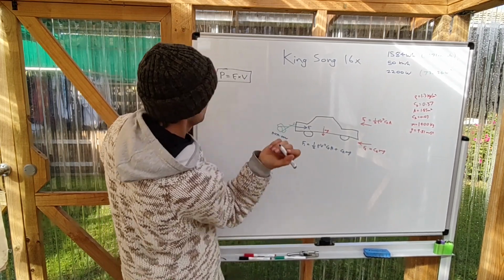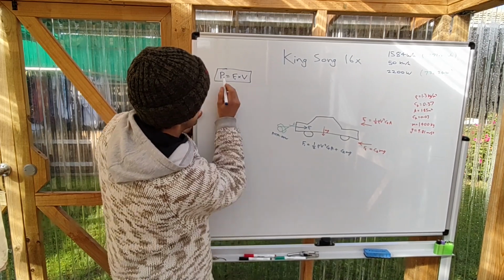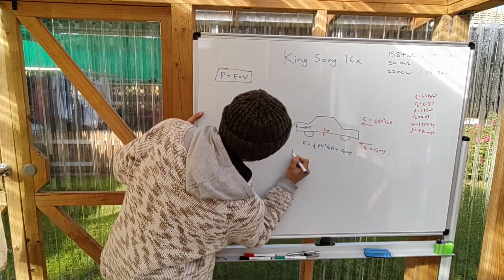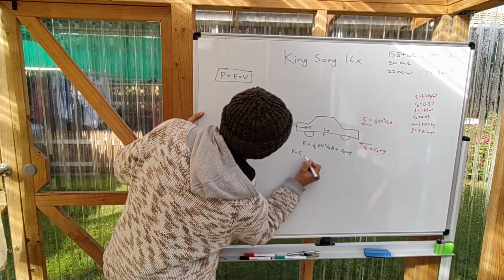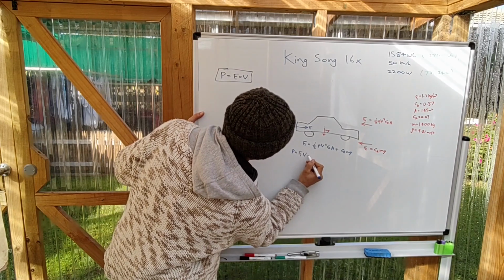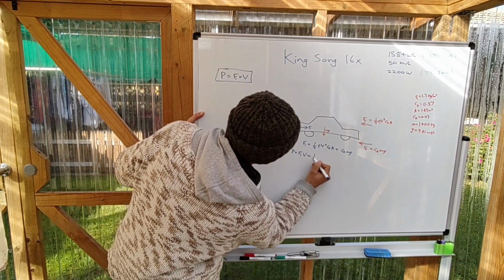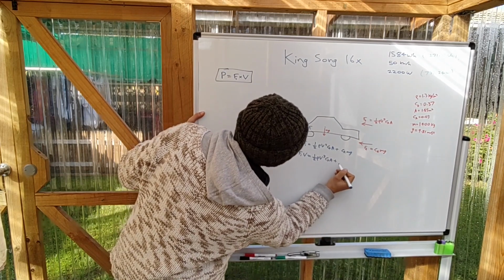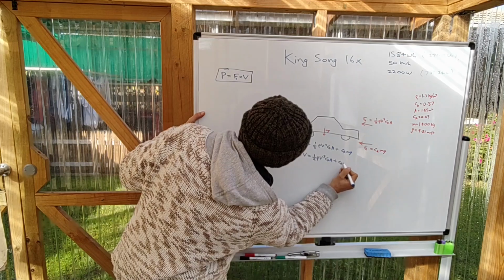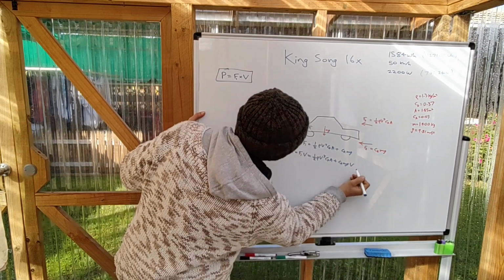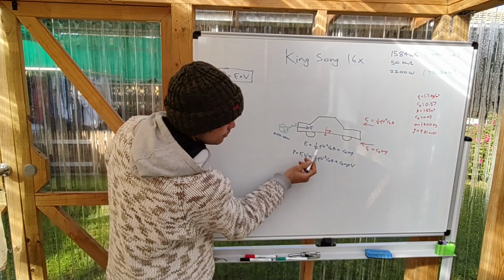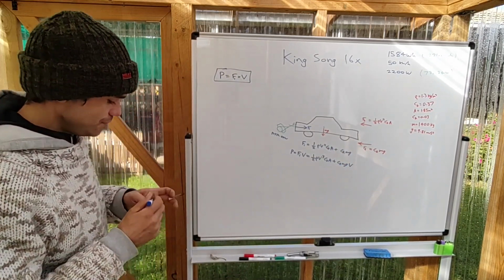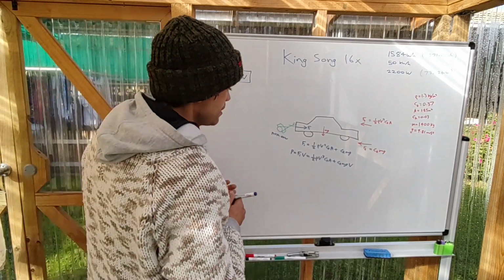So power equals F1 times velocity, which is equal to half of rho v cubed CdA plus CRmg v, which is the velocity. So all I did was multiply both terms by v. That's a simple step, I guess.